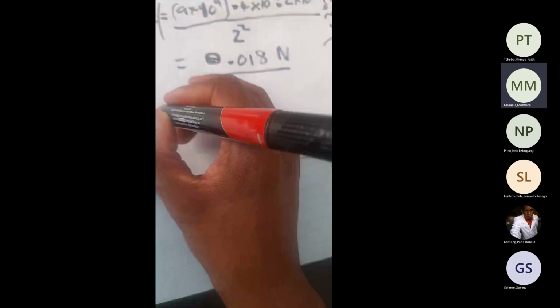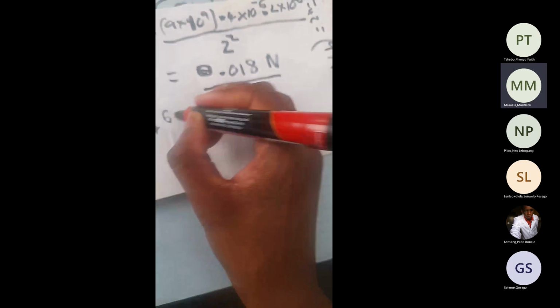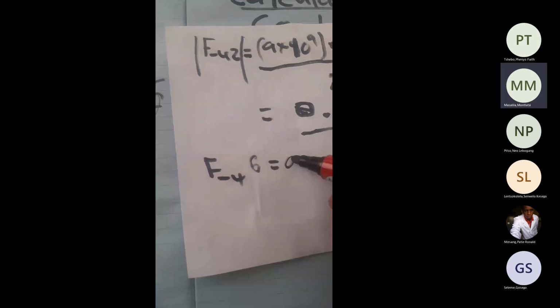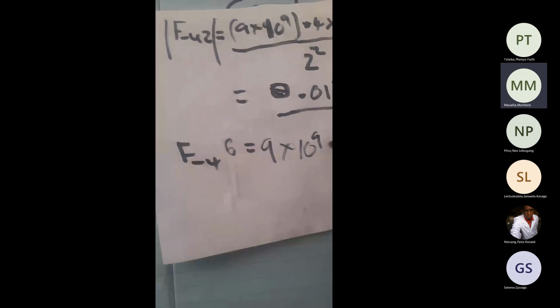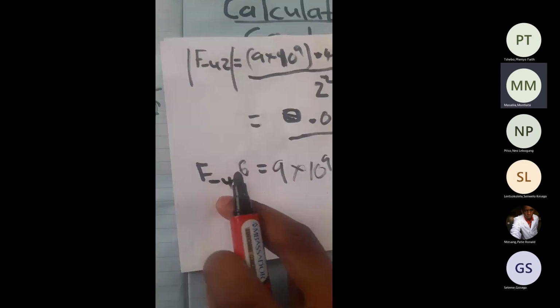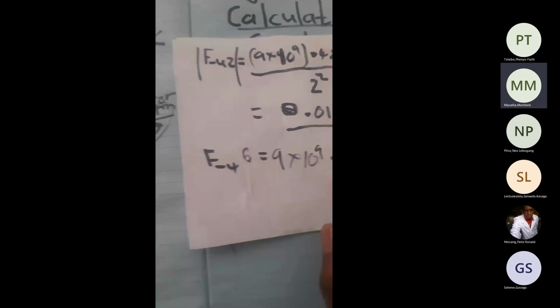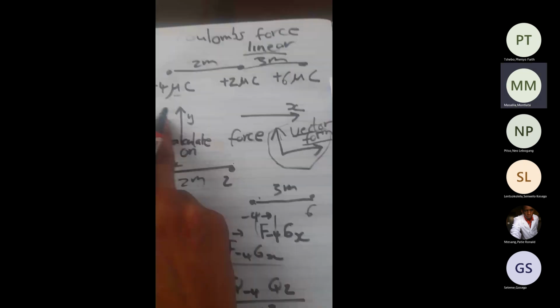on Q4 due to Q6. The force on Q4 due to Q6 is going to be 9 times 10 to the power 9 multiplied by Q4, so you have 4 times 10 to the power -6. I added a negative, but your answer is going to be positive.